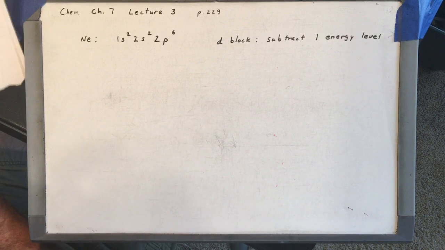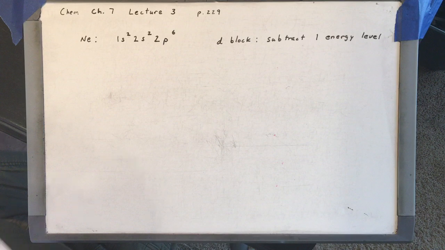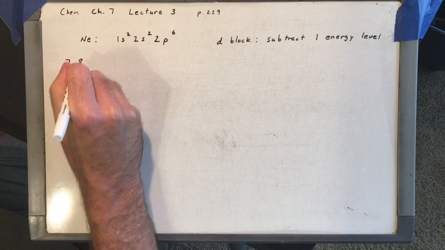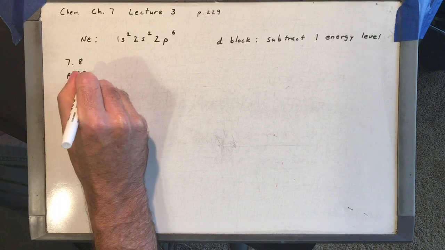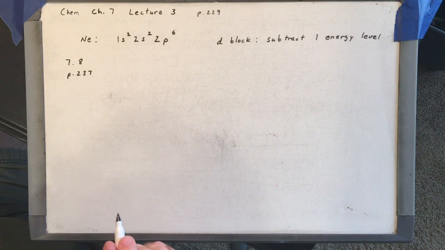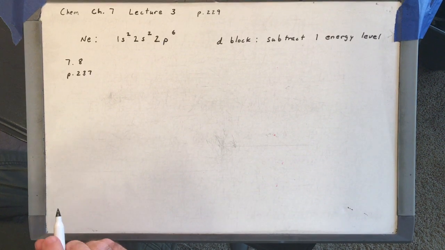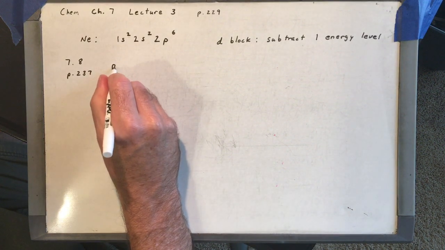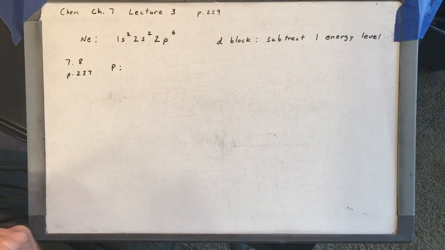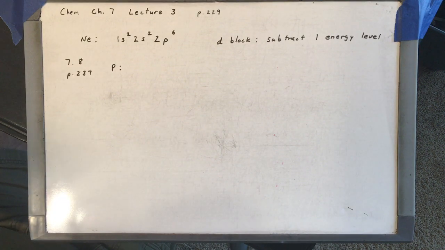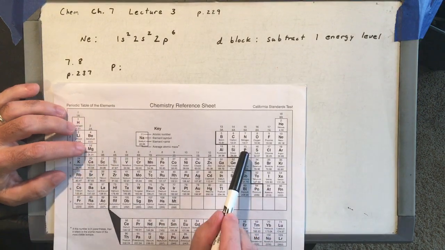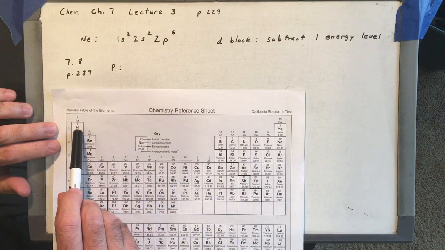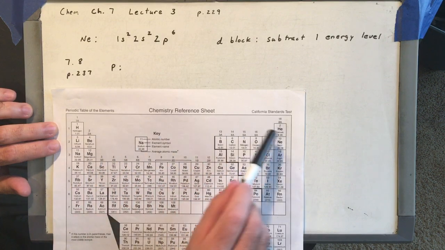So look at 7.8 on page 237. I'm going to do these first two for you, and then I want you to pause the video and try 7.10 on your own. We're going to do the electron configuration for phosphorus. Have your periodic table handy. Phosphorus is number 15, so we've got to have superscripts that add up to 15. Our first 2 electrons are in S block, 1s2.